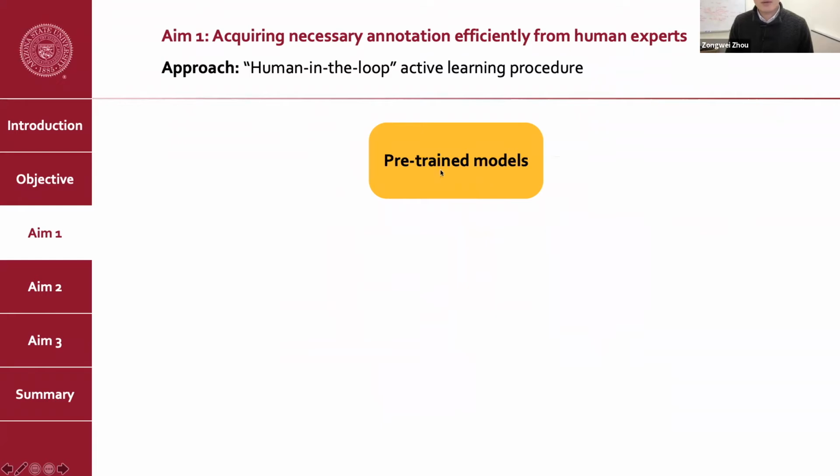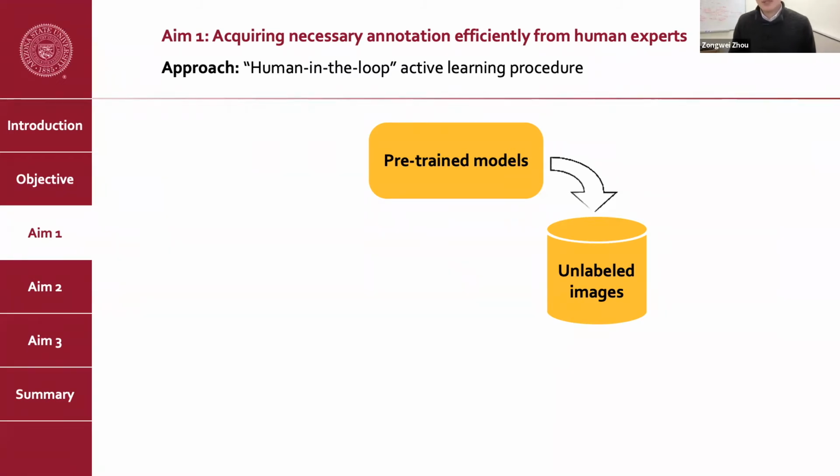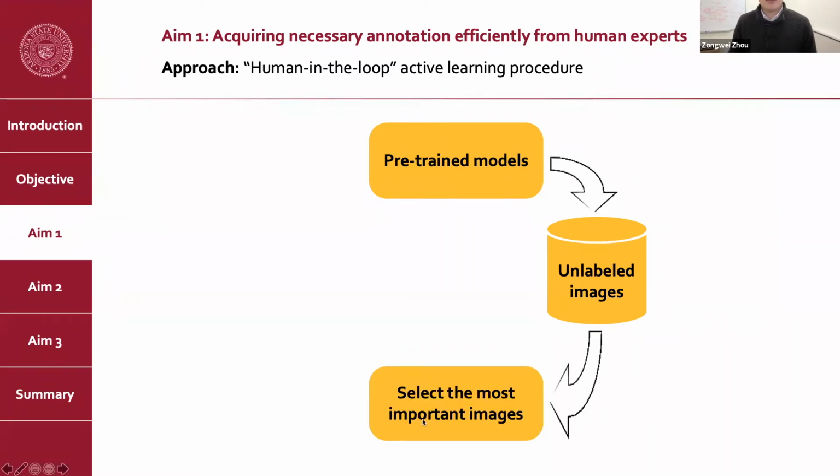Given a pre-trained model, we first test it on the huge amount of unlabeled images and get the prediction. Based on the prediction, we select the most important images and send them to the human expert for annotation.